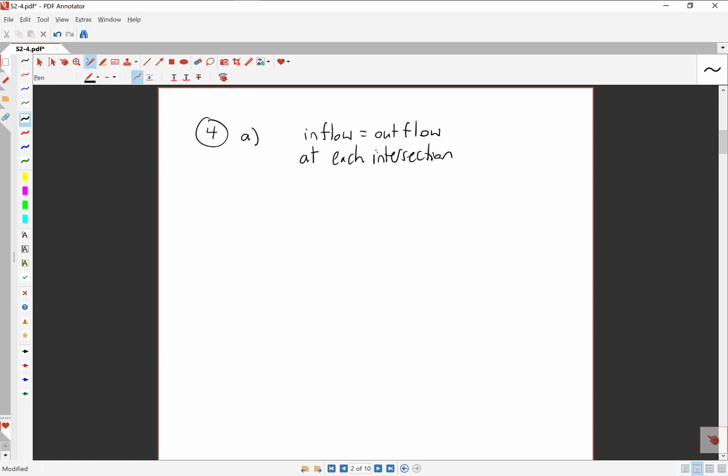And that's just like saying once a car enters the intersection, it has to leave. So we're assuming that no cars are staying parked in the intersection. So based on that, we're going to be able to look systematically at the 4 different intersections in the picture. They were called A, B, C, D. And we'll be able to get an equation just based on the fact that inflow equals outflow.